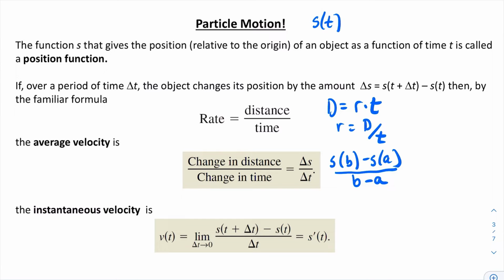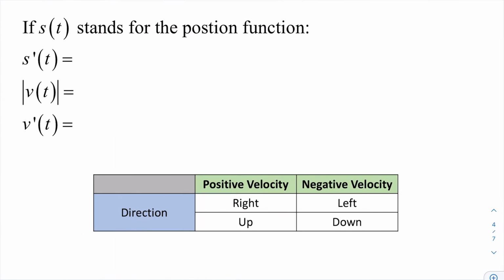Versus the instantaneous, we know that that is the derivative of our function. Okay, so again, if s of t stands for our position function, the derivative of s of t is our velocity function. And typically velocity, remember, if we're going to talk about units, is some distance over some time.